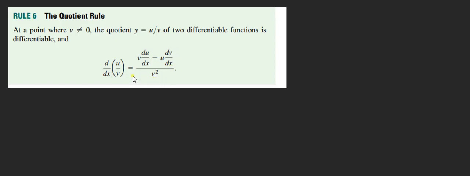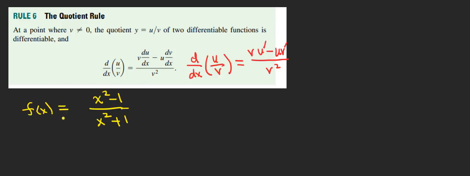In other words, whenever you take the derivative of u over v, that will be equal to denominator squared on the bottom, and on the top is going to be denominator times the derivative of numerator minus numerator times the derivative of denominator. You could think of it like that.